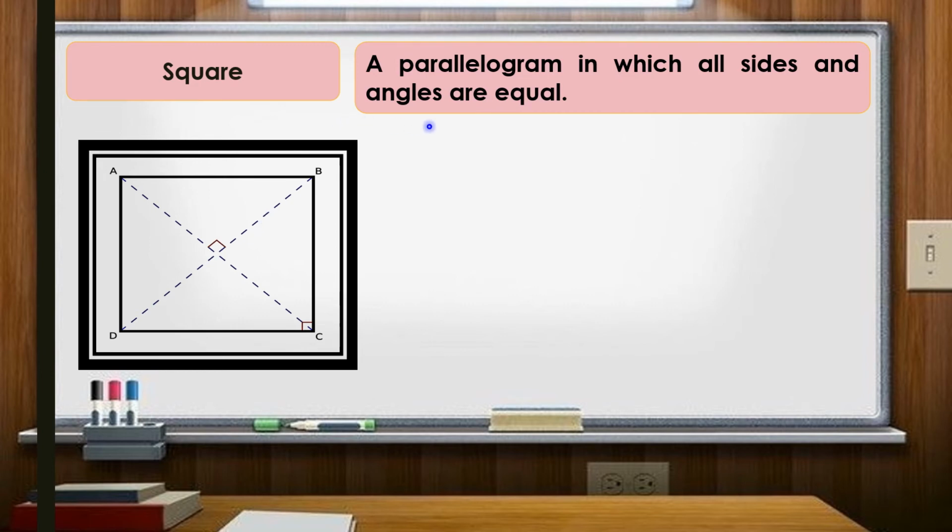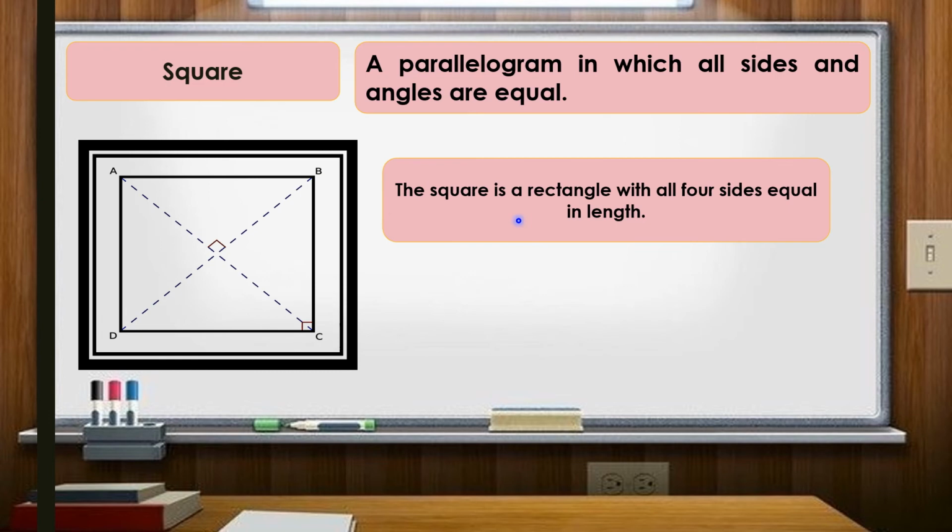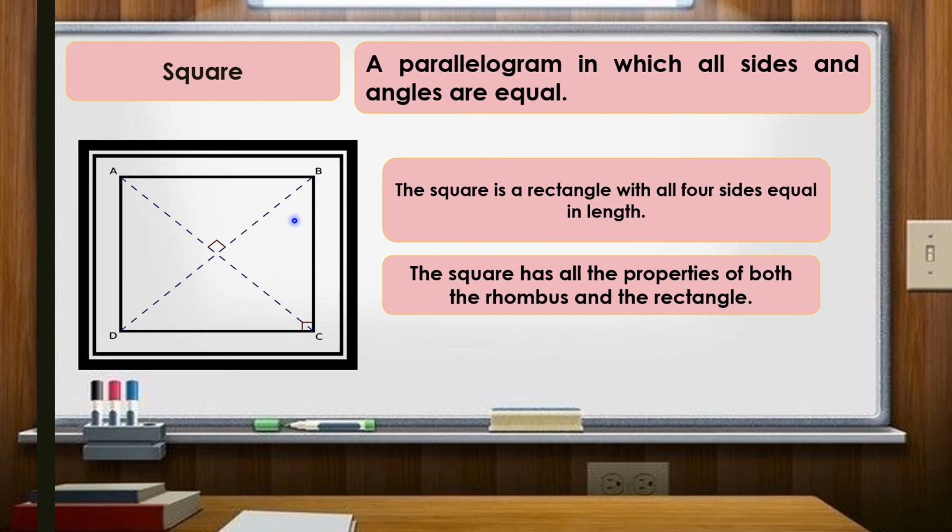So a square is a parallelogram in which all sides and angles are equal. So the square is a rectangle with all four sides equal in length. So line AC and line DB. As you can see, the rhombus and rectangle properties are both in the square.